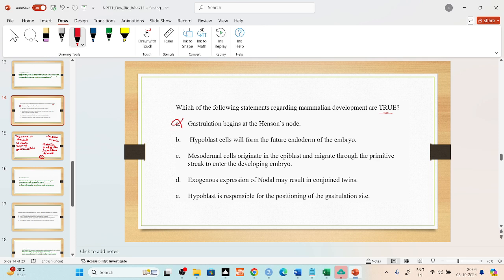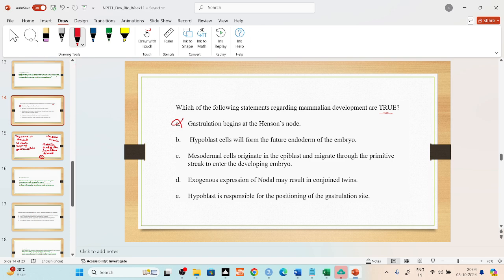Then next is, hypoblast cells will form the future endoderm of the tissues. Is it true or false? No, it is false. Why is it false? See, there are two terms. First is your epiblast, and second one is your hypoblast. Epiblast is nothing but your primitive ectoderm, and hypoblast is nothing but your primitive endoderm.